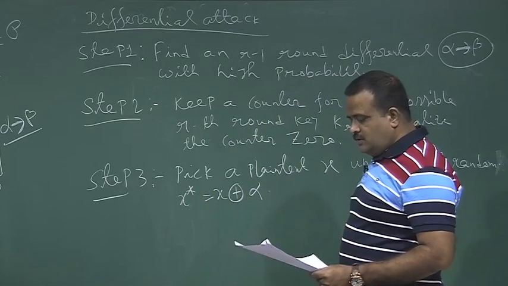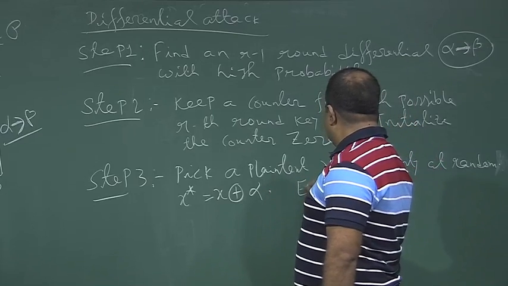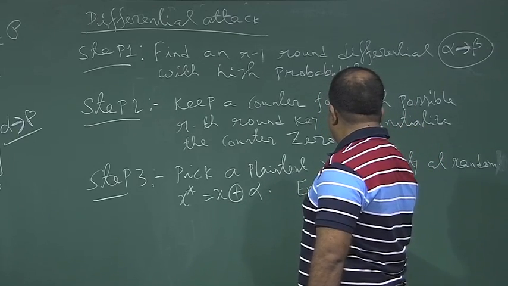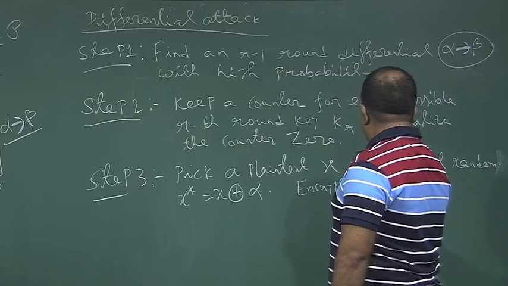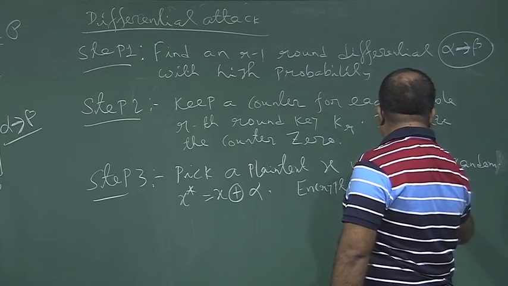Their difference will be alpha, and we encrypt both these plain texts, x and x star.